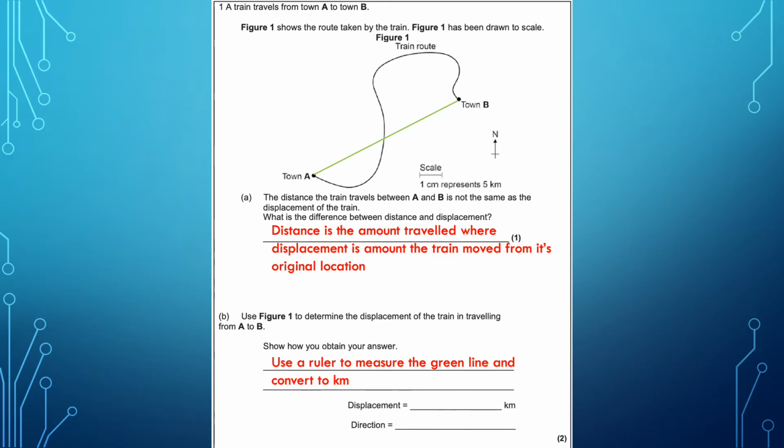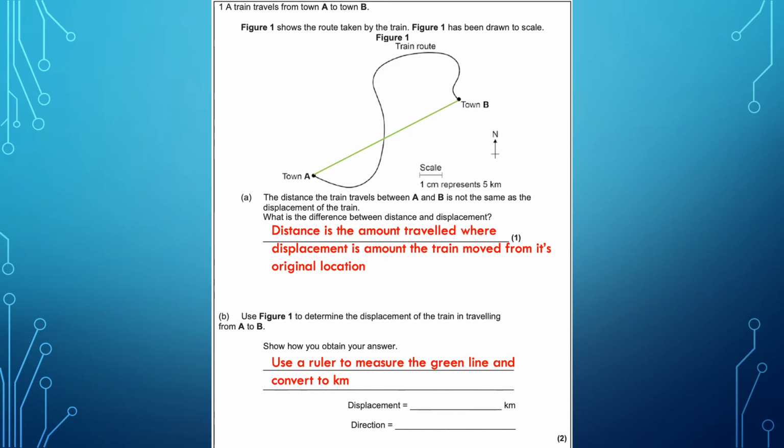And this is one of those things where you really have to look at the question and get all the information that you possibly can. Because if you look at the bottom right corner of the diagram in figure 1, you can see that there's a scale, and the scale says 1 centimeter represents 5 kilometers. What this means is every centimeter that you have on that green line represents 5 kilometers in real life.